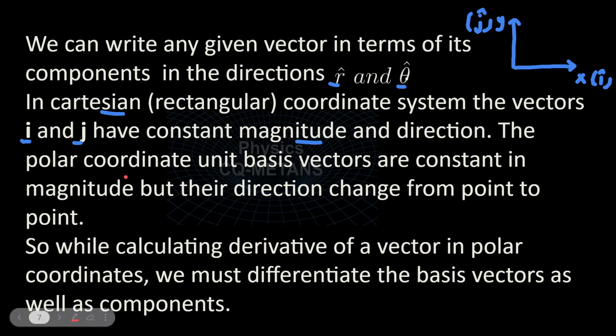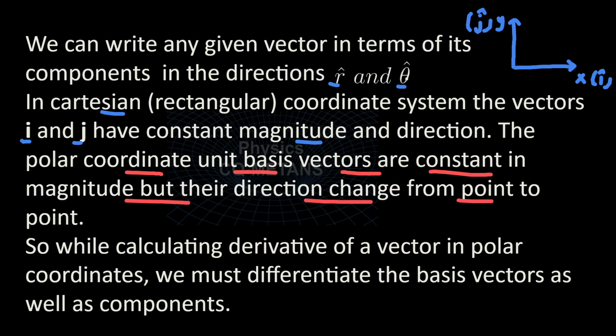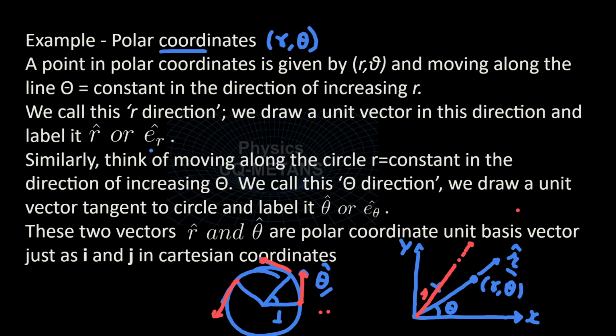The polar coordinate unit basis vectors, r cap and theta cap, are constant in magnitude, but their direction changes from point to point. So while taking the derivative, we have to take care because r cap and theta cap have become functions of time.